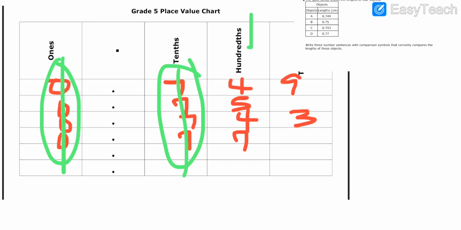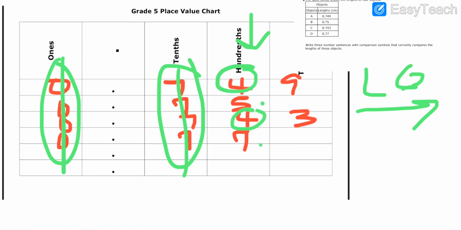So we're now looking in our hundredths place for the smallest number or the biggest number, depending on whether your problem is asking you to list your numbers from least to greatest. Since I wanted you to do least to greatest this time, we're looking for the smallest number. We have 4, 5, 4, and 7. The two 4s are the smallest numbers.